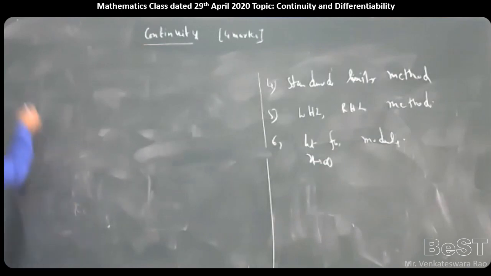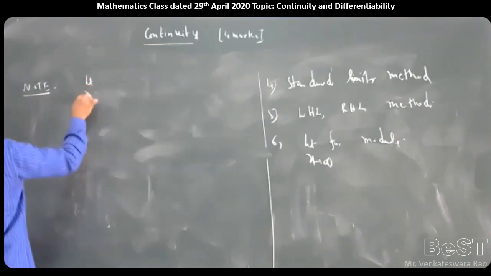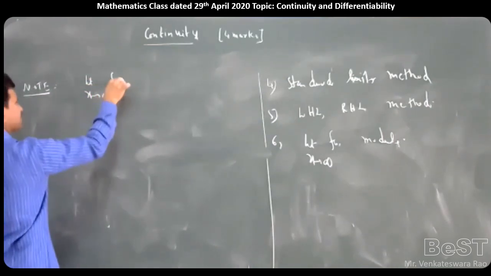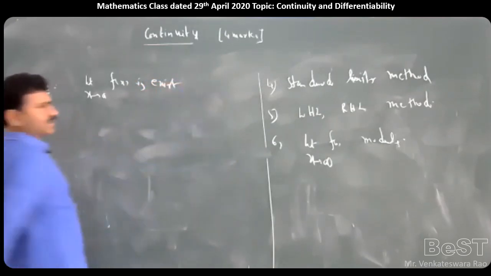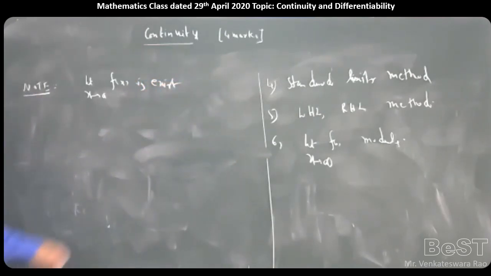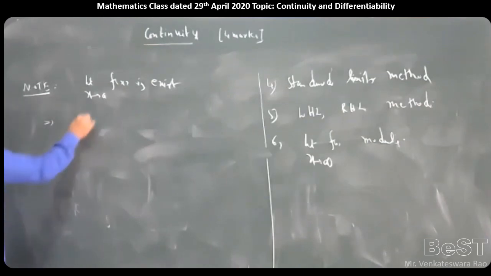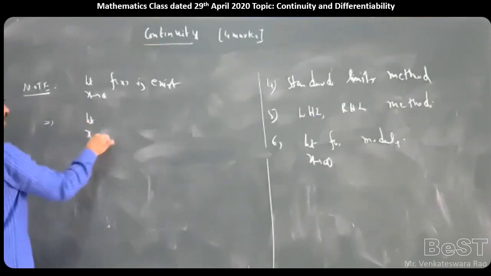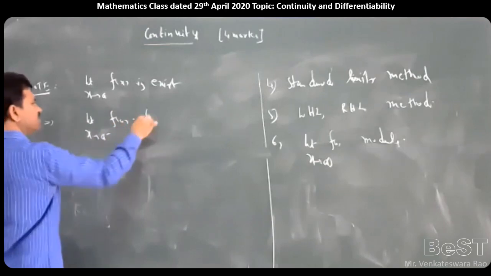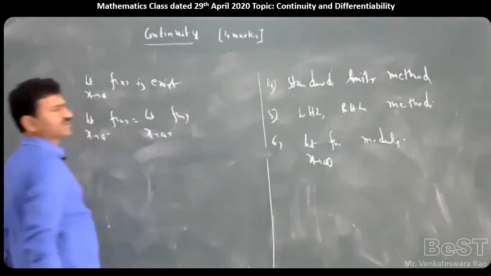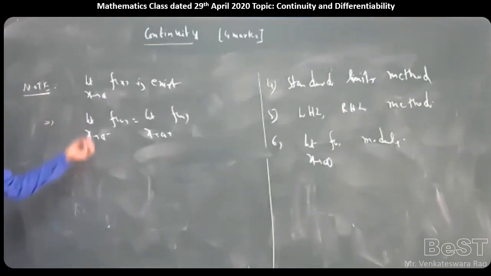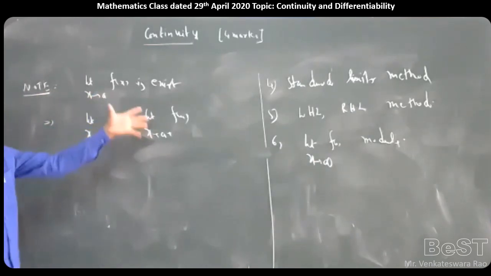Now, an important note in limits. Limit x extends to a of f of x exists means limit x extends to a minus f of x is equal to limit x extends to a plus f of x. Limit exists means left limit must be equal to right limit.